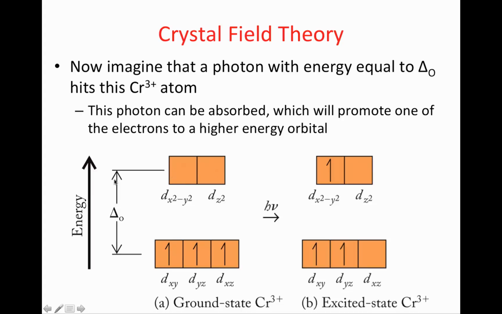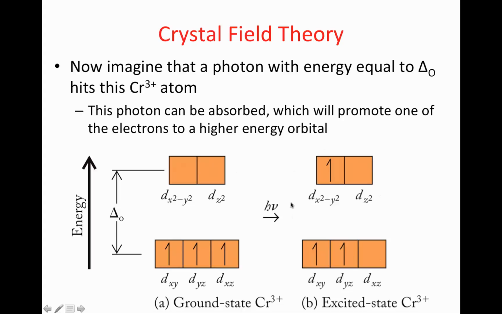But what if I have a photon that comes in with this amount of energy right here? What can it do? We've seen things like this before in Chem 105 and the like. We know that if I have a photon that has an energy that matches this energy difference, I could promote one of these electrons into a higher energy orbital like this.